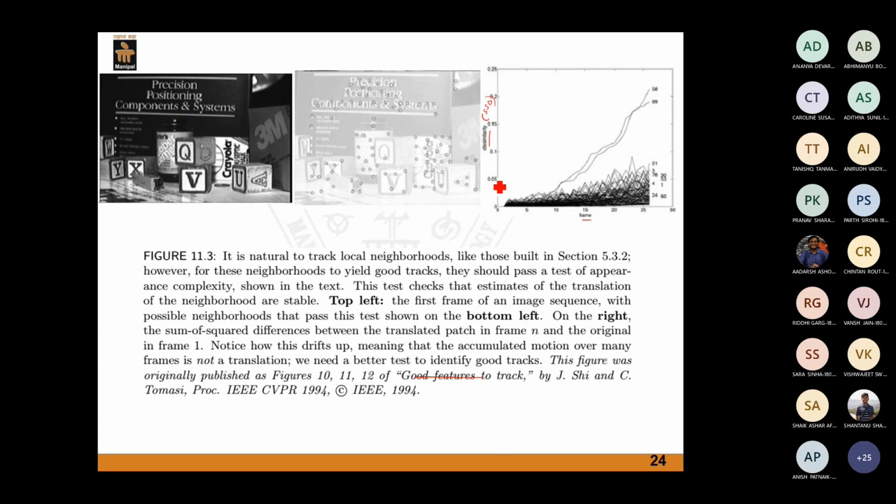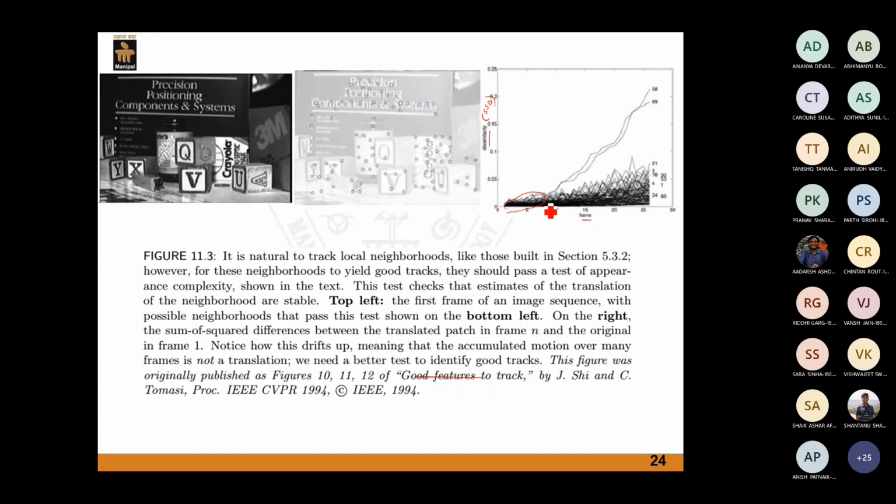When you plot that cost function with respect to each frame, what we see is that initially it was able to track well, because the values of SSD were small. As I said earlier, the smaller the SSD value, or the error, the better the algorithm that you have developed. So in the initial cases, it is within a particular tolerance level, and it is not too much error.